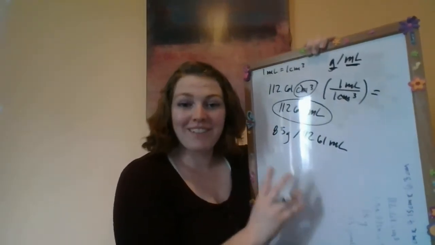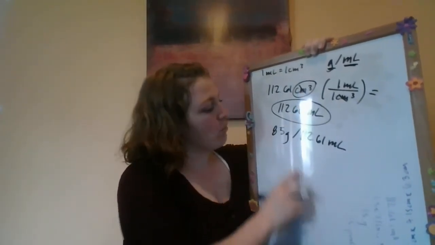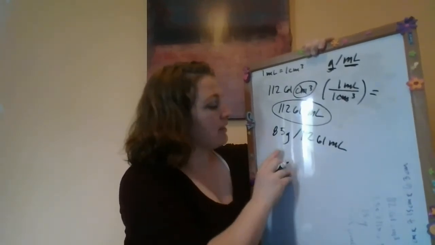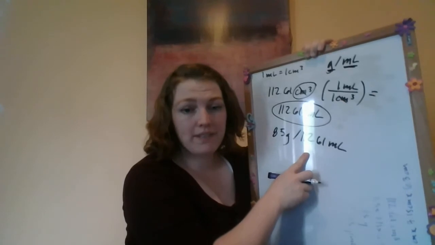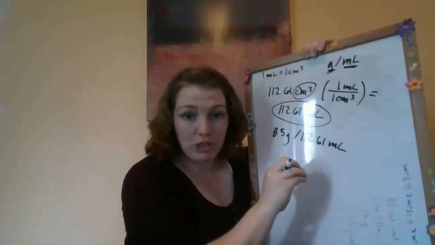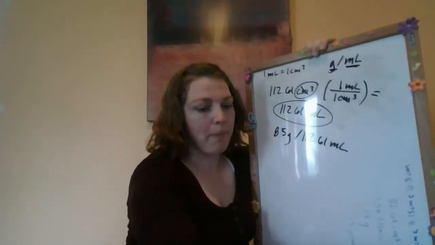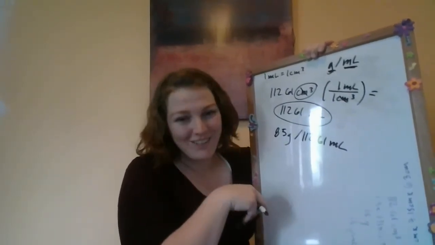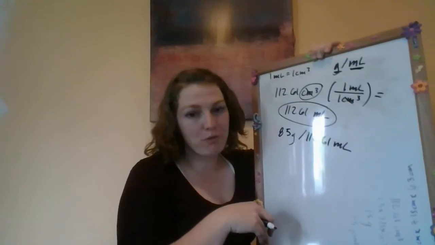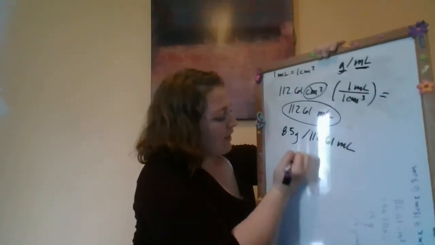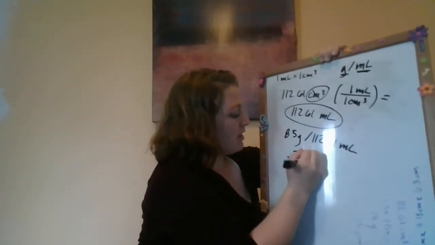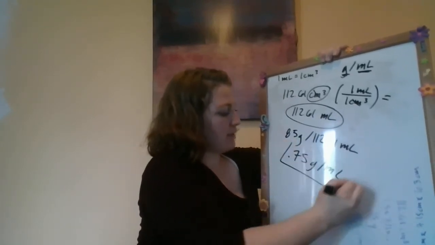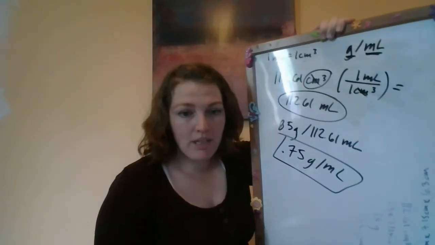This is still not correct though. Once you have this number, you still need to actually divide 85 by 112.61. You need to reduce that number to get the most simple density. If you plug that into your calculator, 85 divided by 112.61, you would find that this had a density of 0.75 grams per mil. So this would actually be our answer.